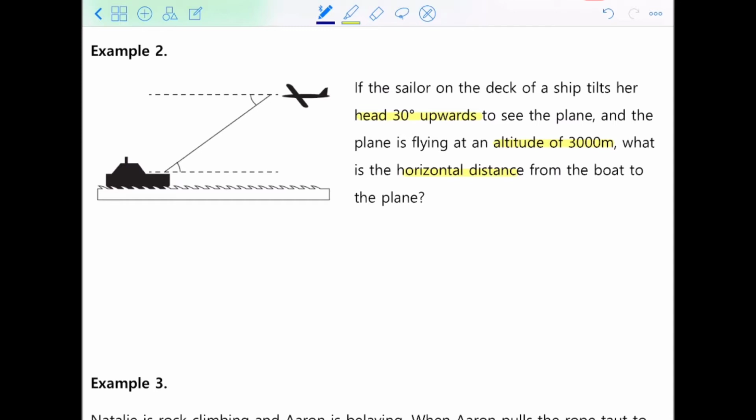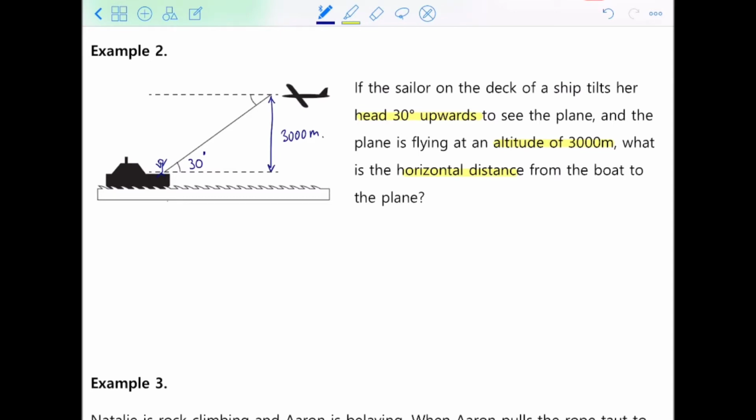So we know that the sailor is on the ship, and she tilted her head up 30 degrees. So 30 degrees here. So the angle of elevation is 30 degrees. And we know that the plane is flying at an altitude of 3,000 meters. So this over here is 3,000 meters.